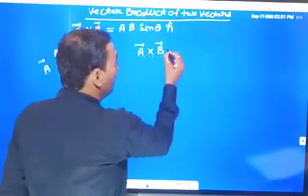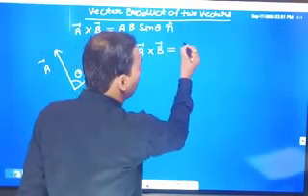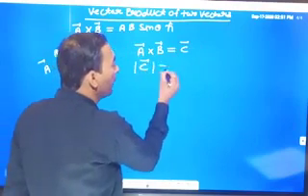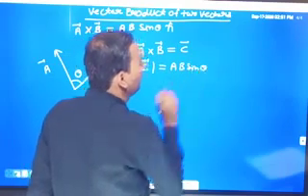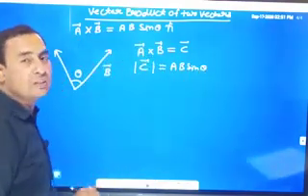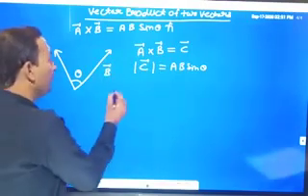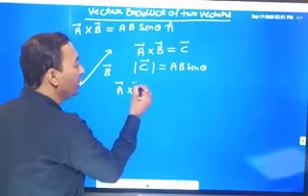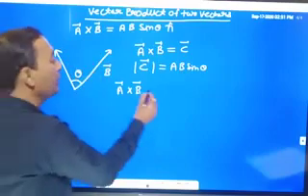Okay, if a vector cross b vector is c vector, then what is the magnitude of c? Magnitude of c is a b sin theta, and this n cap shows the direction of this vector c. If we take a vector cross b vector, then the direction of a cross b according to this diagram is cross.